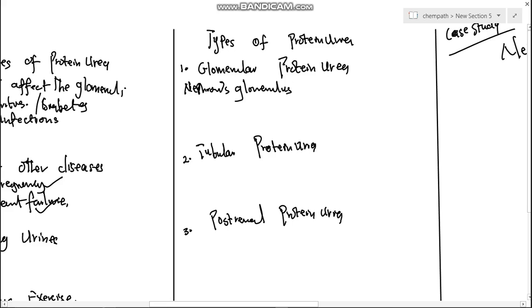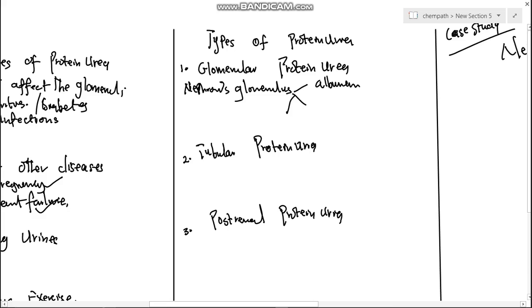When there is damage to this glomerulus, there is filtration of macromolecules like albumin through the glomerulus into the renal tubules. So this is one cause of proteinuria, glomerular proteinuria.